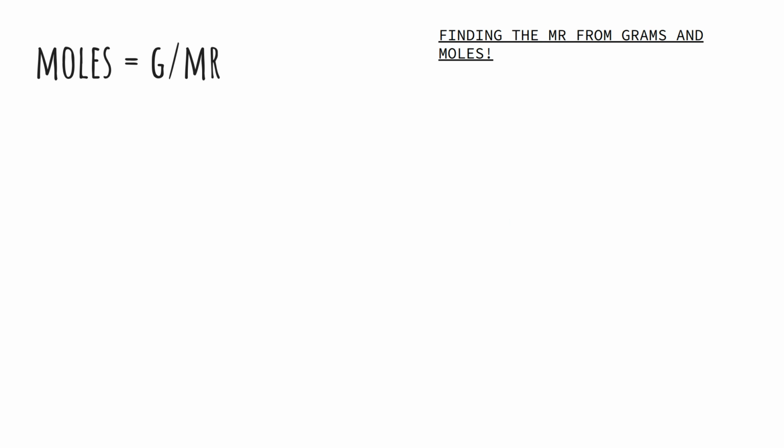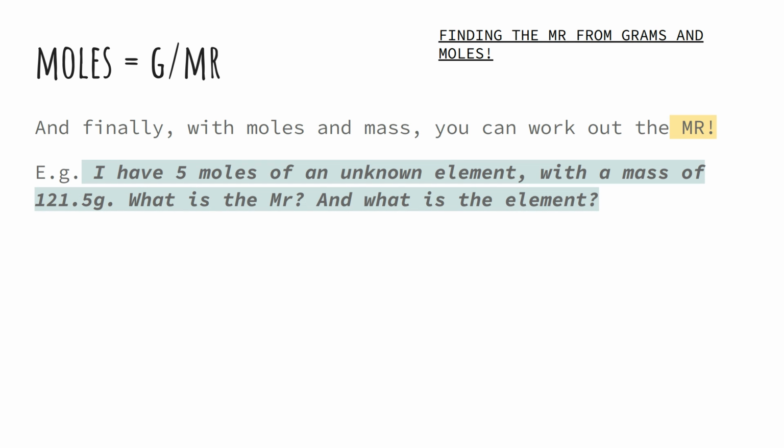So then, finally, you can work out the relative molecular mass if you've got the other two, the moles and the grams. So this is the sum of the atomic masses in a compound or molecule, and if you've just got one element, then it's just the atomic mass. So, I have 5 moles of an unknown element with a mass of 121.5 grams.